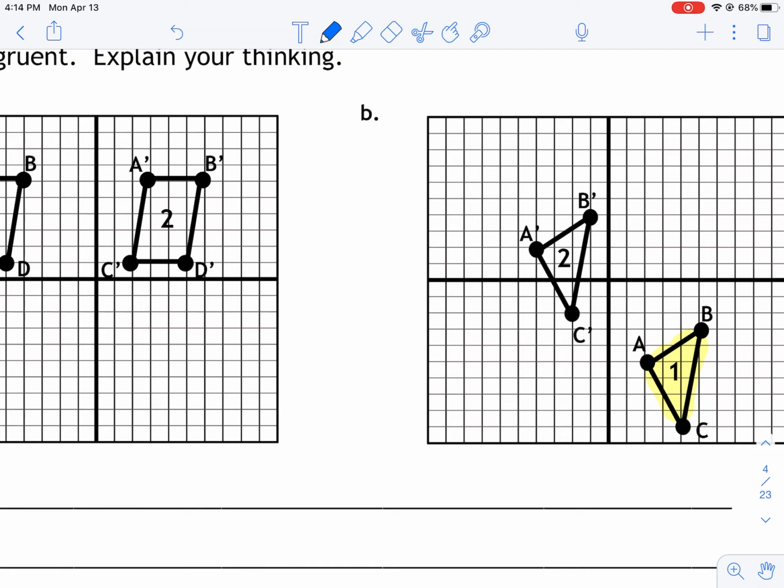So I'm going to count it going across, and then I'm going to count it going upward. So 1, 2, 3, 4, 5, 6 to the left. I'm going from A to A prime. So that's a 6. Okay, and then 1, 2, 3, 4, 5, 6, 7 up to get to the next point.